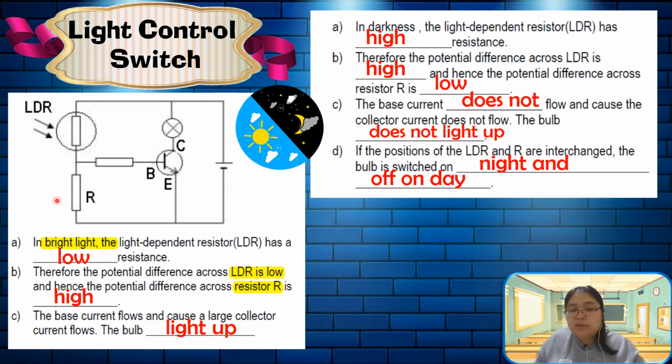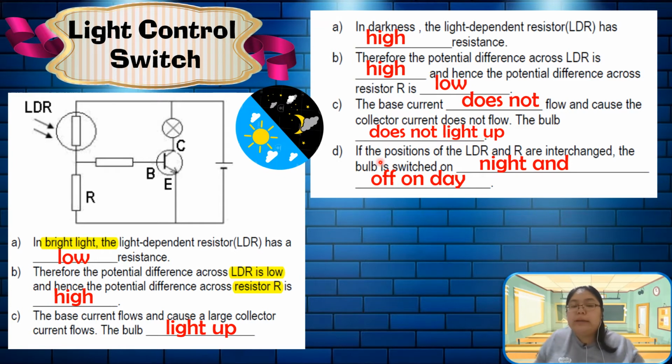If the resistance here is fixed and the potential difference becomes very low, that means there is no base current. So the base current does not flow through the base circuit. The transistor cannot function, so there is no collector current. Finally, the bulb does not light up.